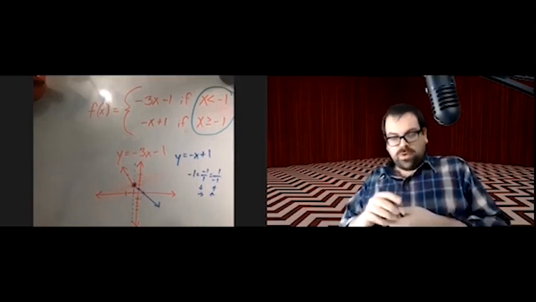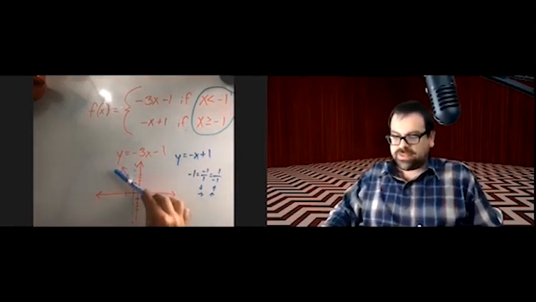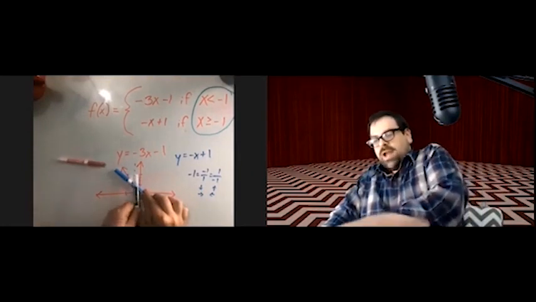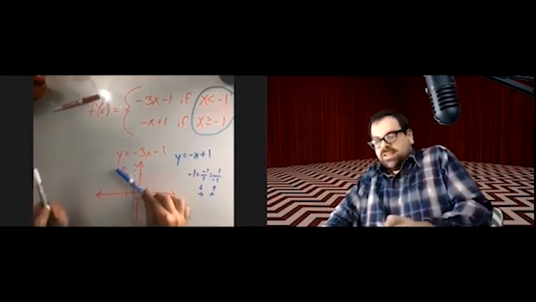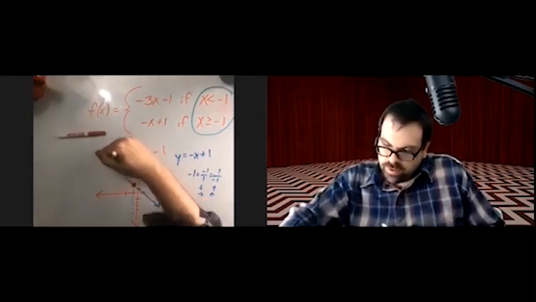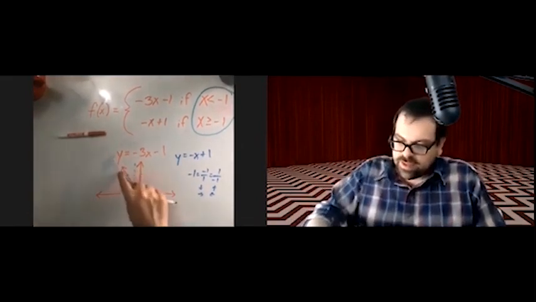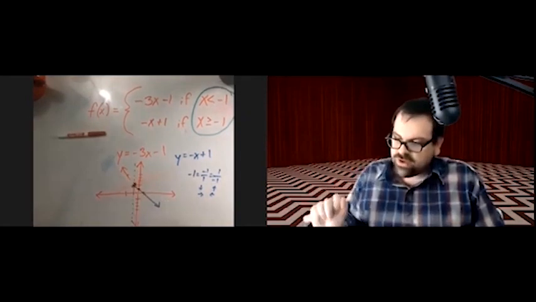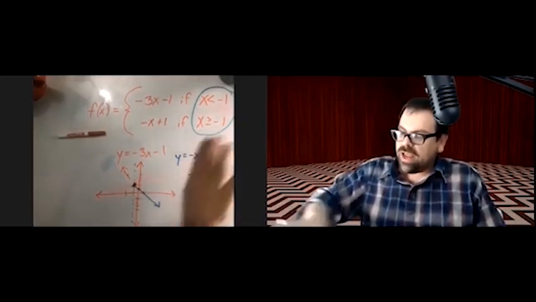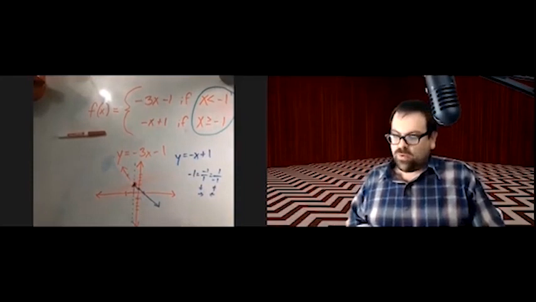So imagine we had the full graph. It would be like this. But since we're only interested to the right of the dotted line, everything to the left would get erased. So we wouldn't have however the line continues, because none of this matters to the piecewise function. We only want the part where x is greater than or equal to -1, where we are to the right or at -1.